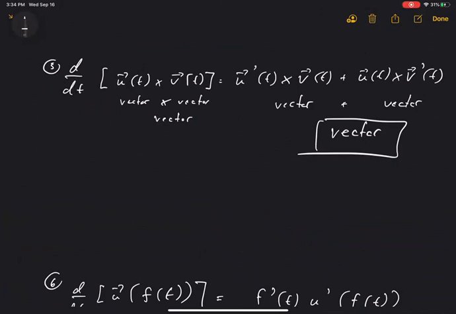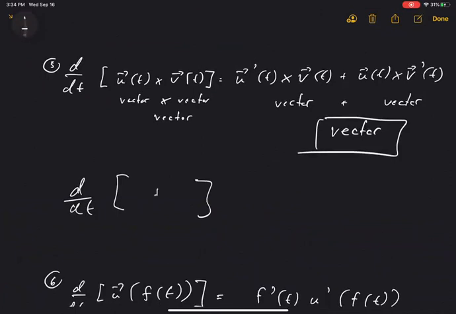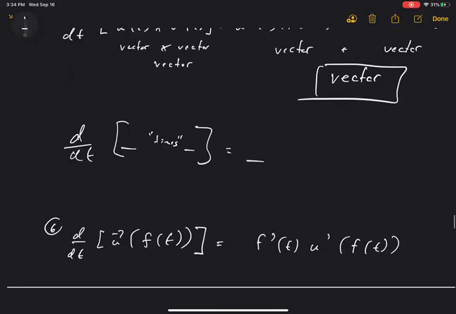It's pretty straightforward. If you ever see anything with these vector valued functions, if it's d/dt of anything where it's something times something in any way, remember, we have a few ways to multiply with vectors. So I'll put times here. Blank times blank. It all follows the same pattern. Let's call these a and b.